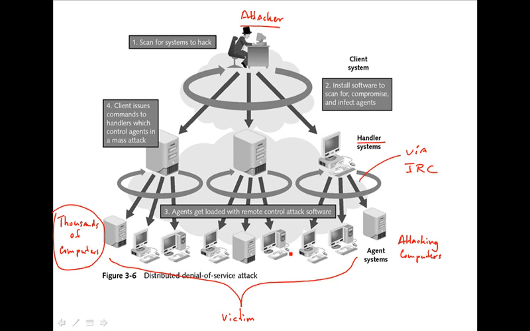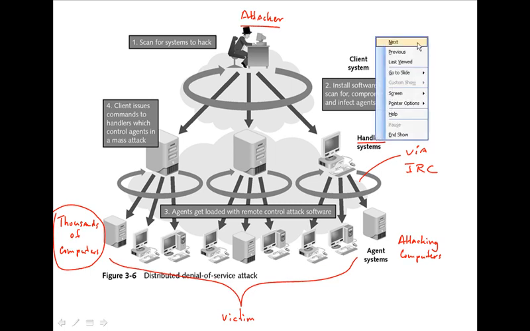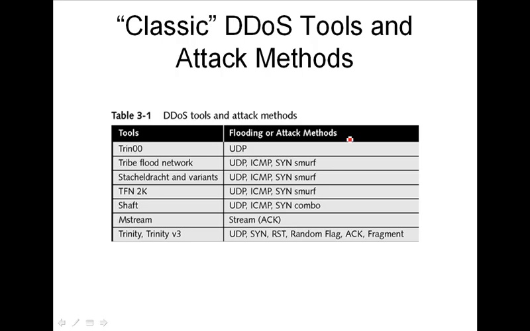In many cases, it will automatically update itself with new functionality provided by the attacker. So these distributed denial of service attacks from these types of networks are a pretty big deal. So here are some classic distributed denial of service tools and attack methods. These are the tools. This is software.